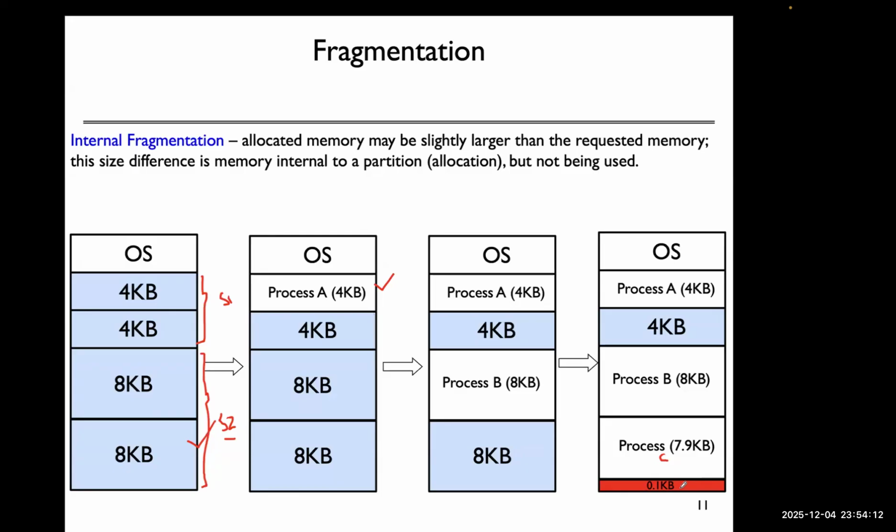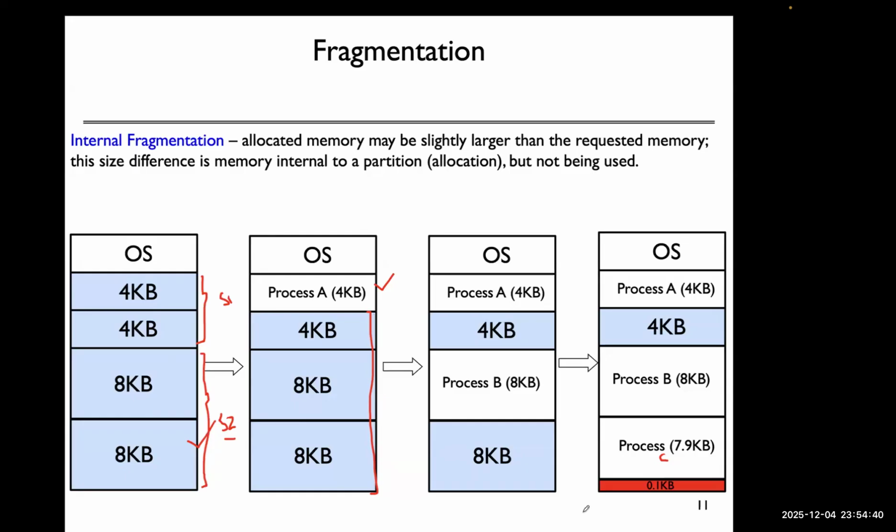Although at this time point you have the total space of 1620 kilobyte, you cannot serve a request of 16 kilobyte because you don't have a fixed size chunk of 16 kilobyte, right? That's the difference. But in the previous strategy, if you have total available space of 20 kilobyte and there is a request of 16 kilobyte, you can serve it, right?